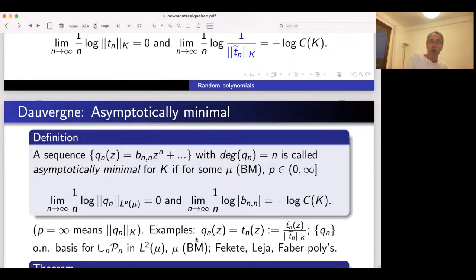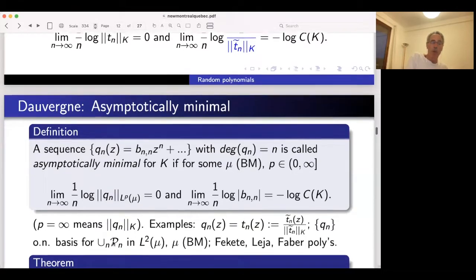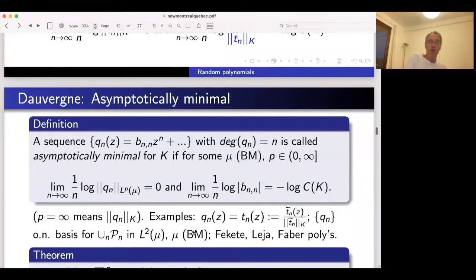Also, if you took an orthonormal basis for your polynomials with respect to a Bernstein-Markov measure, that would work. But also all the standard named classes of polynomials from potential theory, Fekete polynomials, Leja polynomials, Faber polynomials, when they're defined, are all in this category.